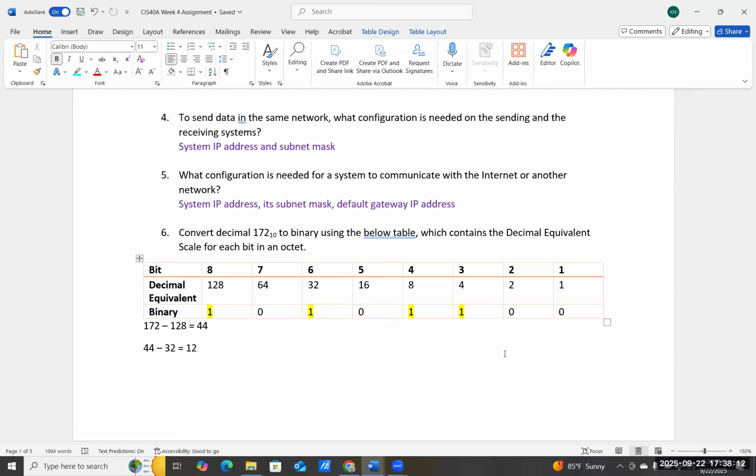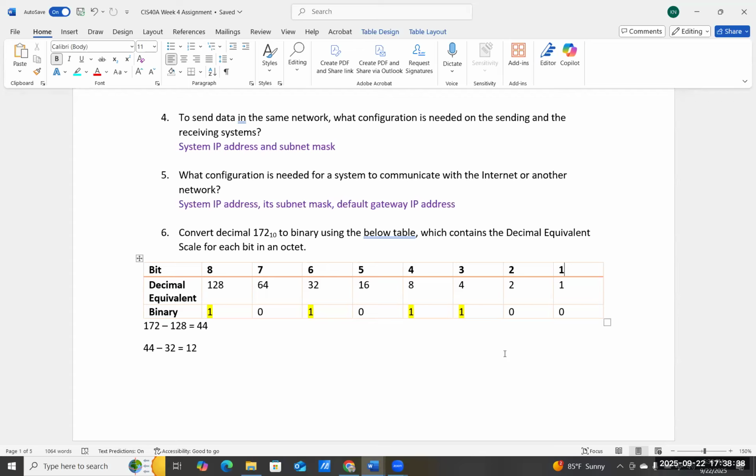Basically, the steps are: take your decimal value and subtract the largest decimal equivalent on the bits, which for us is 128, because 172 is higher than it. Take the remainder, go down the line and subtract the next bit. If you can, put a 1 underneath. If you cannot, put a 0.